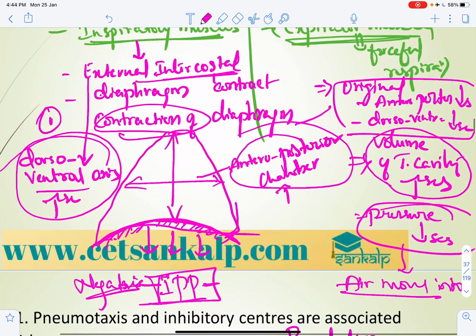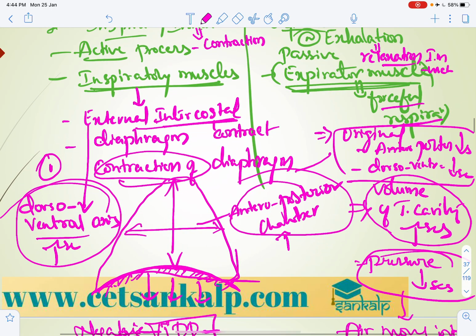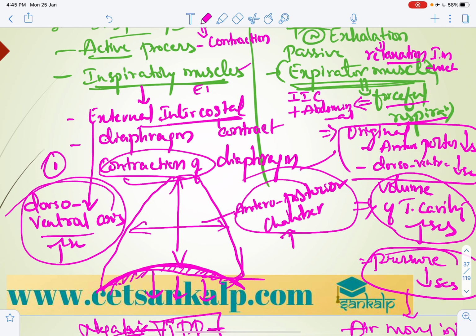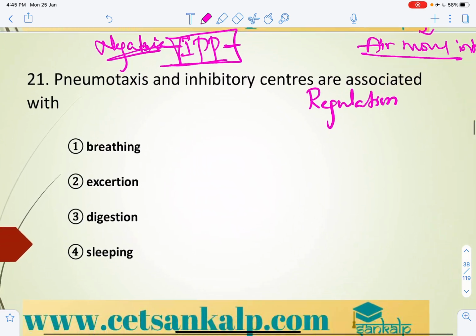Forceful respiration we won't generally have. Just note that for forceful respiration, expiratory muscles like the internal intercostal muscles and the abdominal muscles play a major role. These structures contract. But keep in mind, inspiratory muscles, which include the external intercostal muscles and diaphragm, both contract during inspiration and both relax during expiration. So you have to keep this in mind.